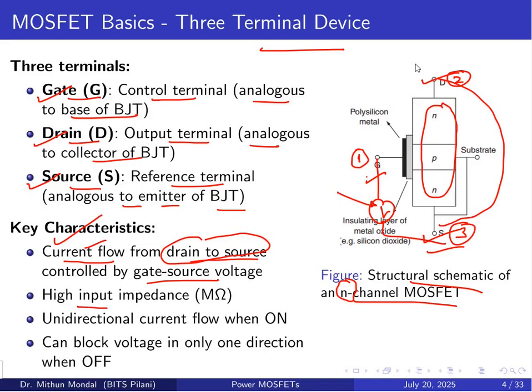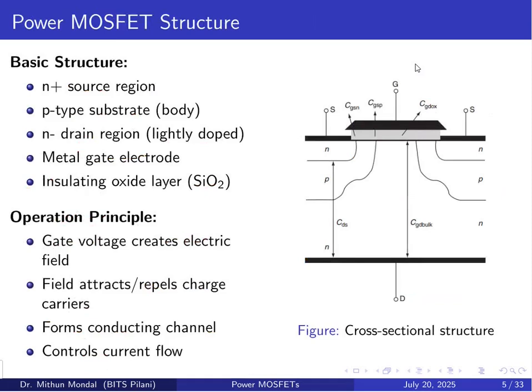The input impedance is very high, in the range of megaohms, and they give unidirectional current flow when the MOSFET is on. They block the voltage in only one direction when off.